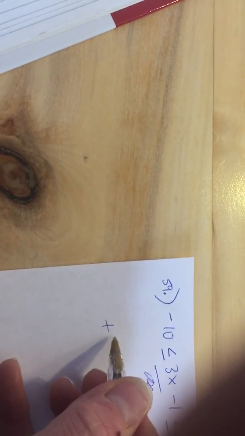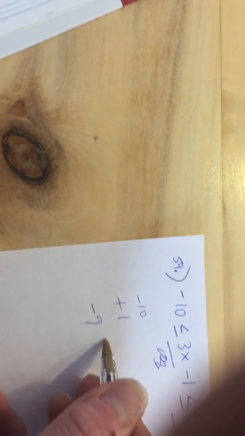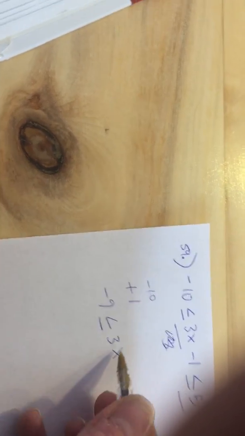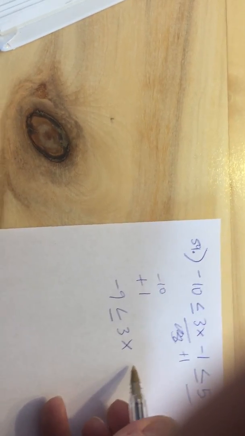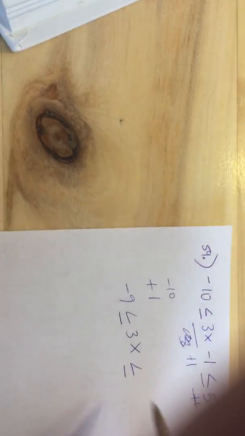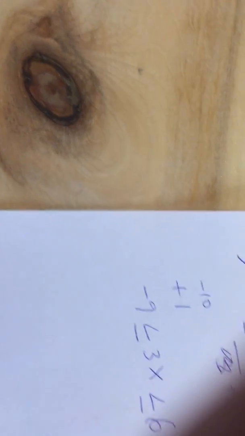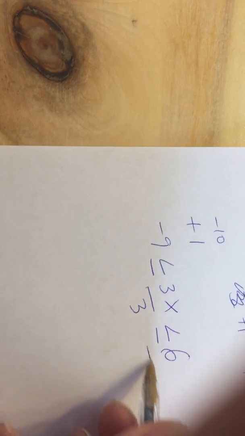So let's do +1 for this -10, and that is going to be a -9. And then we're going to do 3x, and that is going to be a +1, and so now there's not going to be anything. So now we'll have this, and then the +1 here is going to make this a +6. So that's our new expression. And now we're going to divide by 3, divide by 3, divide by 3.